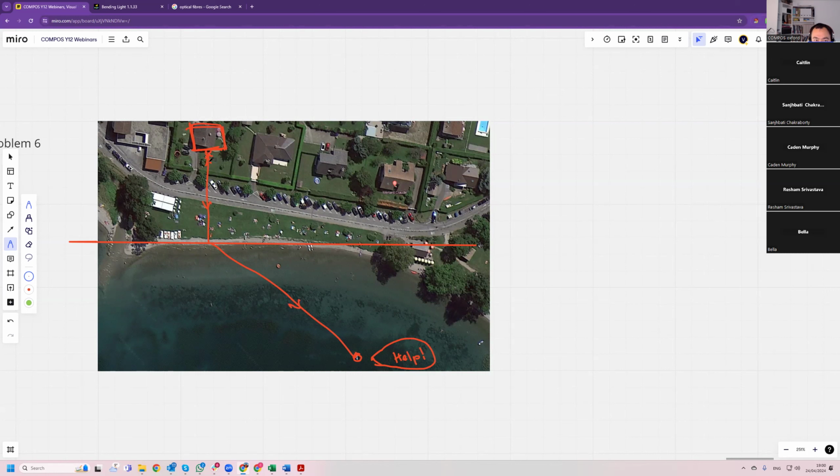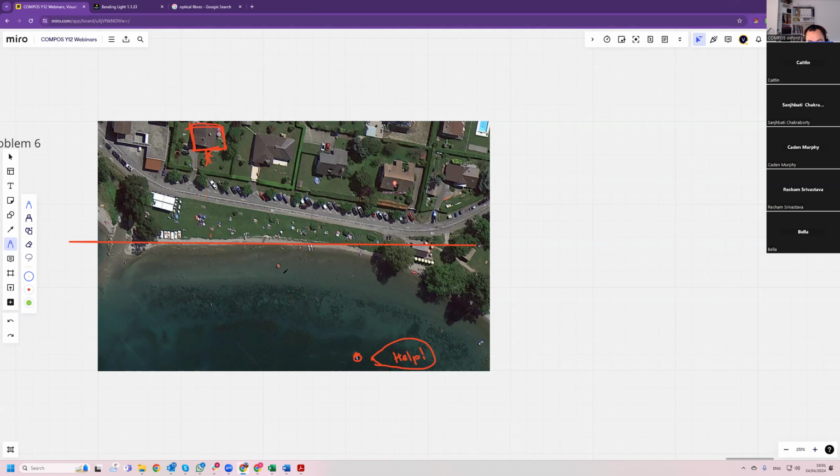Or you can go in a straight line, or you can run to this point and then swim from here. You could go in a straight line, which is the shortest path. It doesn't look like the shortest path, but you got the point. Or something in between.